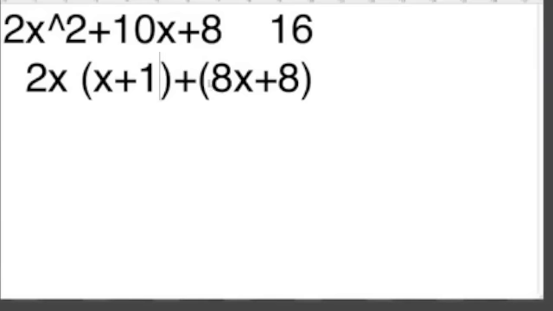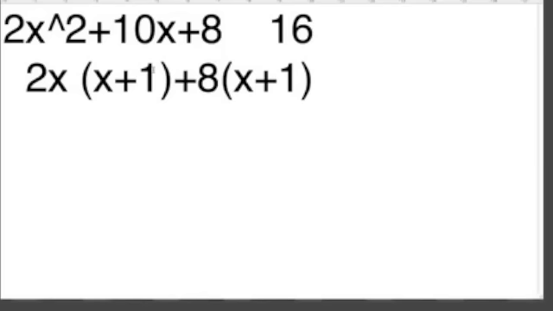Then on this side, you find a common number, which would be 8. So you would divide it by 8. So this would be 8 over here, because 8 times x plus 1 equals 8x plus 8, and 2x times x plus 1 equals 2x squared plus 2x.